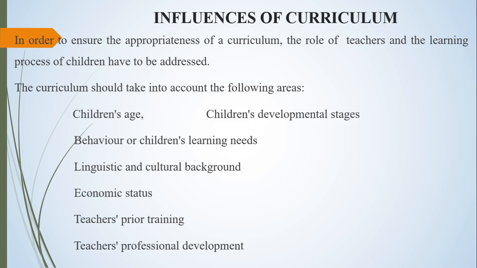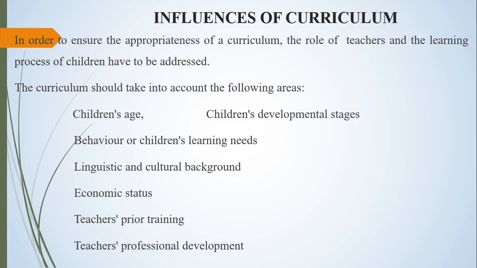If you look at influences of curriculum, in order to ensure appropriateness of a curriculum, the role of the teacher and the learning process of children have to be addressed. So the curriculum should take into account the following areas. Children's age: you have to attend to the child's age, and according to it we will be framing everything in the curriculum.